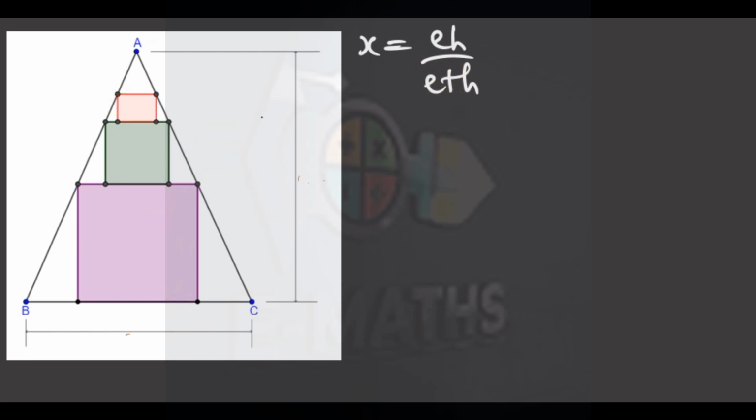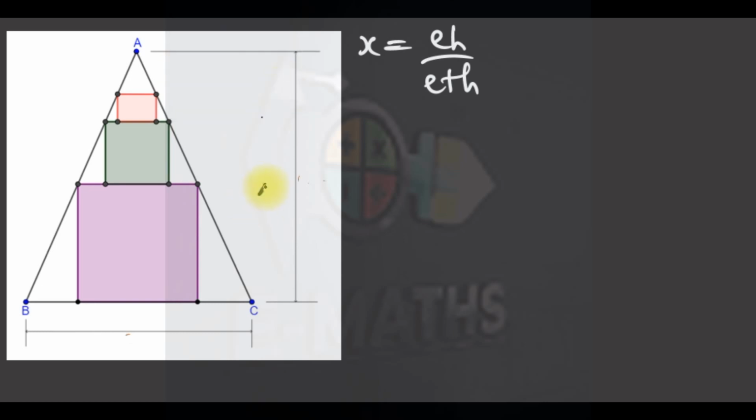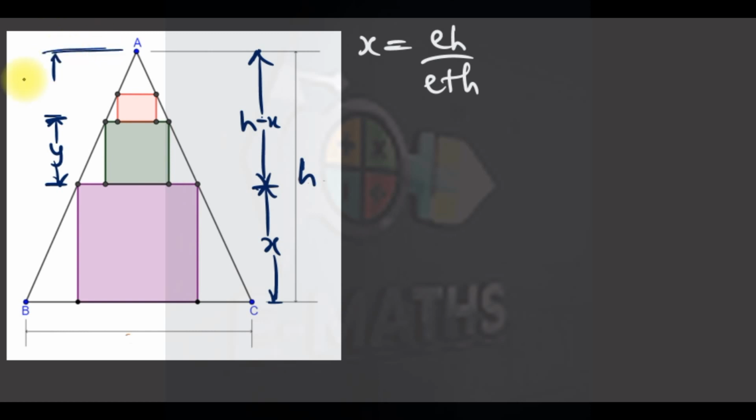From the diagram, remember we said from here to here is x, meaning that the remaining height will now be h minus x. If we call the length here y, the remaining height here will now be h minus x plus y.